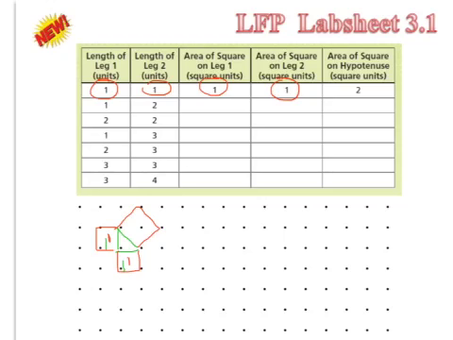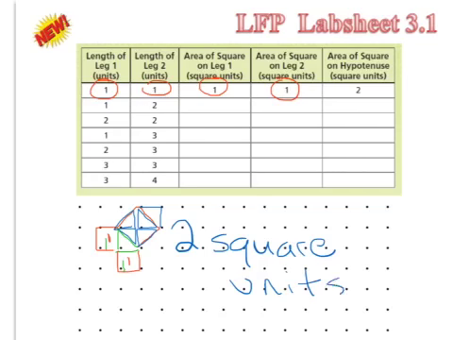This square, for example, can be broken into a triangle that size, which is 1/2 square unit in area, and we know that because it's exactly 1/2 of a unit square. Now in this square in question, I have 4 of those triangles that I'm outlining right now, and 4 half square units makes a total of 2 square units. So we put 2 on our table where it says area of a square on the hypotenuse.